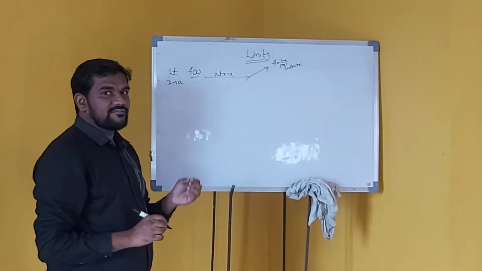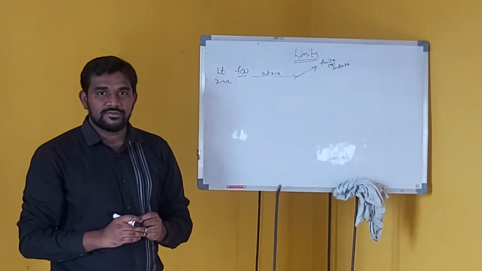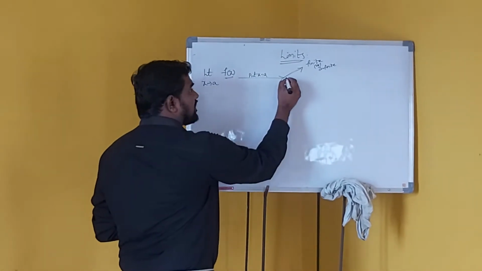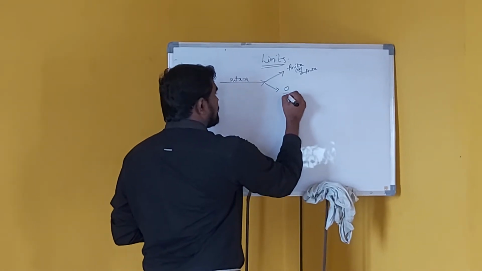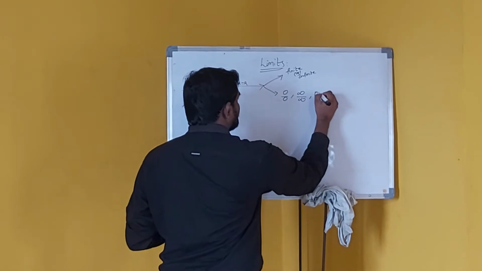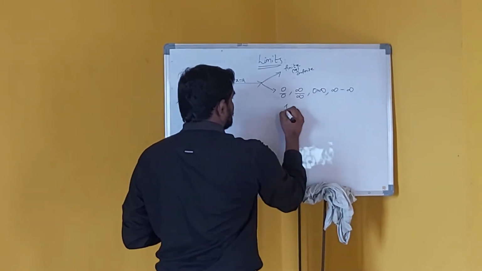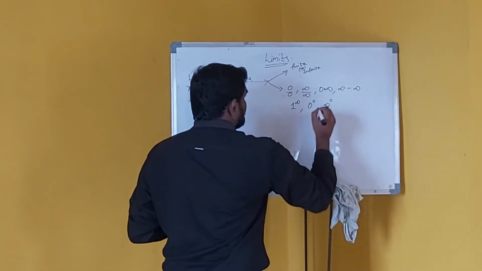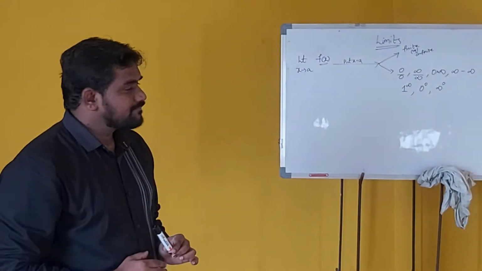If you are getting a finite value, that is going to be your limiting value. But if you don't get a finite value, there is a chance of indeterminacy. The form may be 0 by 0, infinite by infinite, and likewise we have 7 types of indeterminate forms.